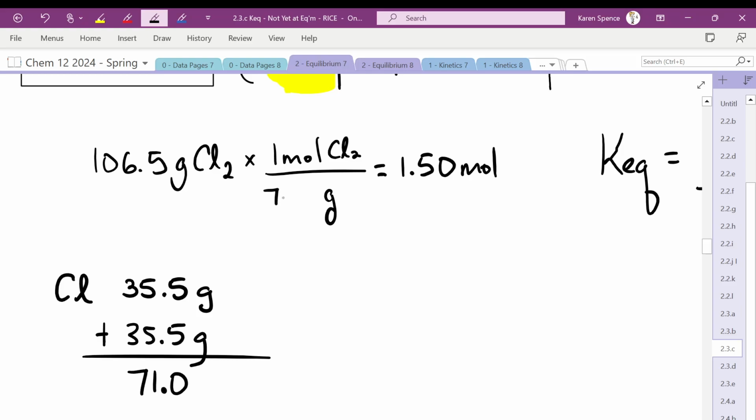So make sure you write 71.0 so that you know you have 3 sig figs at the end. Because of the periodic table we use, you will always have 1 decimal place in your molar mass, because all our molar masses on our periodic table go to 1 decimal place. In university, you might have variable ones, but you'll have to deal with that then. You do not need to deal with it this year, okay?